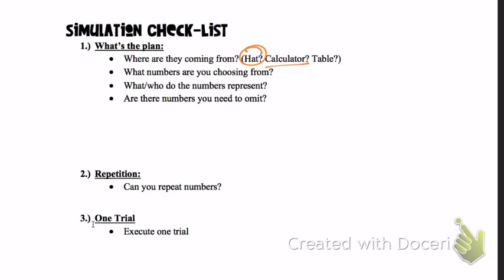A calculator or a random digit table could also work. You can use any of those. I'm going to say when you're answering these on an AP test, always use the hat method because it's easy, and it always works if you can explain it clearly.